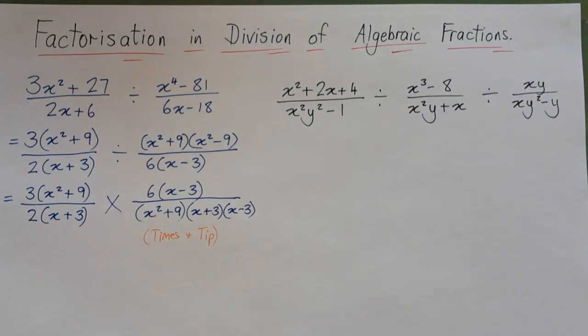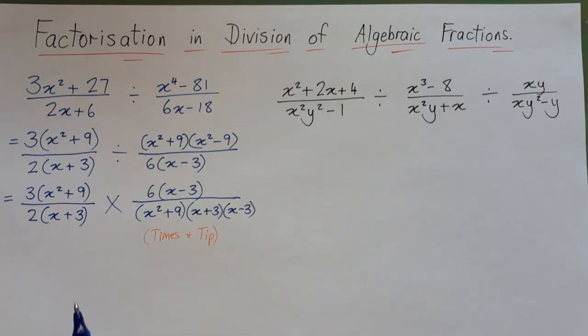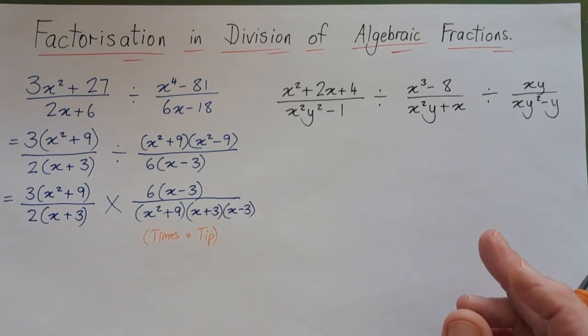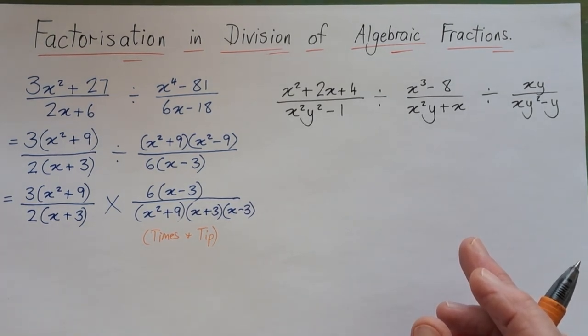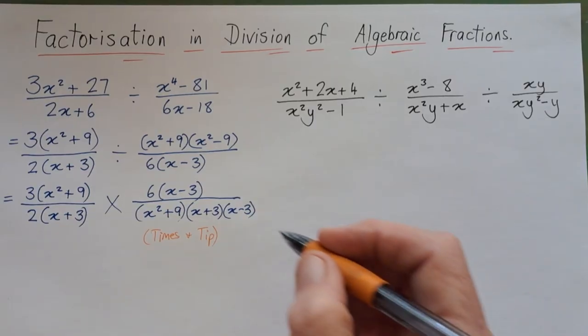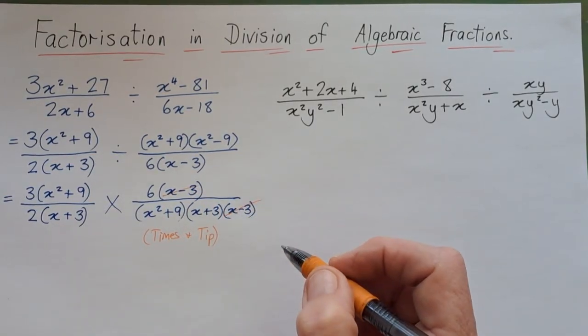Right, now that I've got everything into a bracket that is not able to be factorized further, I can start to cross multiply because I've converted my division into a multiplication. So now I'm going to look for whole brackets that can cancel with whole brackets. But remember, they have to be identical, and the one has to be in the numerator and the other one in the denominator. So I've got x minus 3, x minus 3.